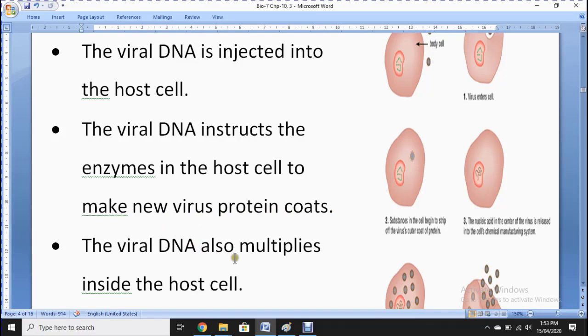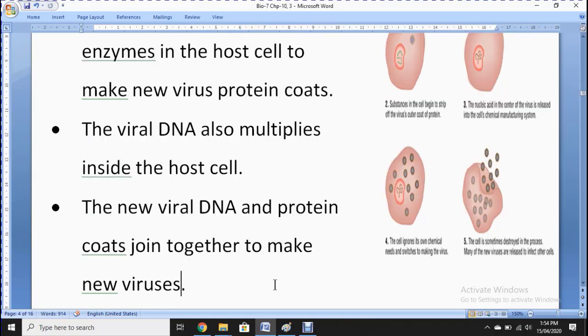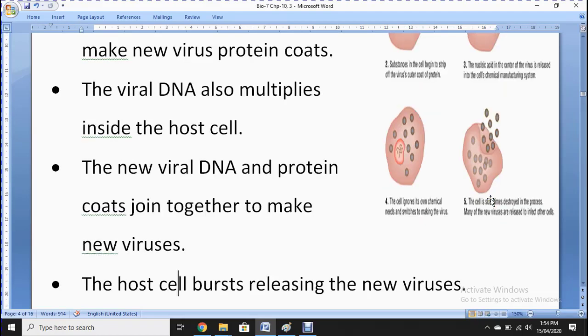The viral DNA also multiplies inside the host cell. You can see here now what's happening. The viral DNA starts to multiply. Then the new viral DNA and protein coats join together to make new viruses. After that, the last step, the host cell bursts, releasing the new viruses.